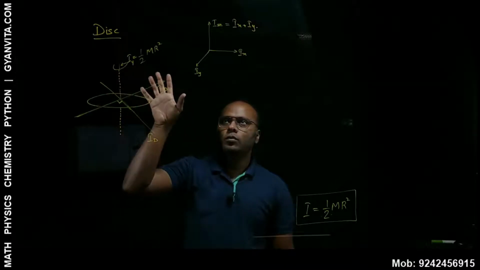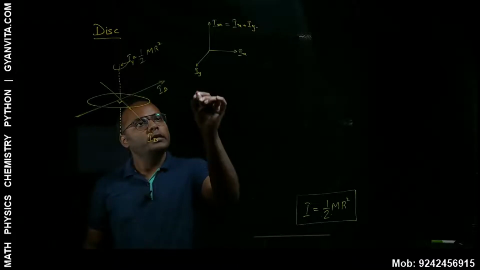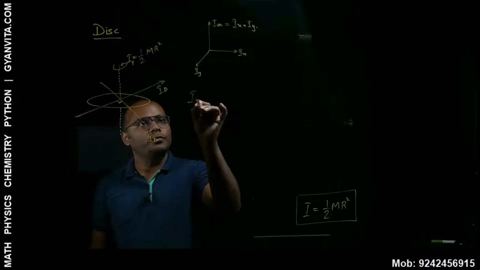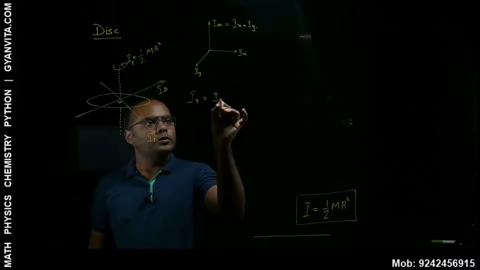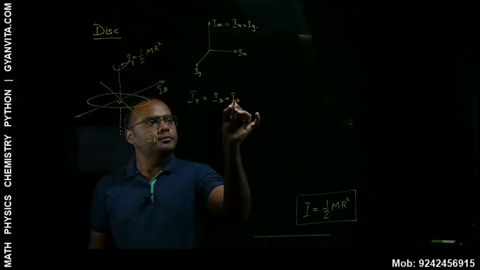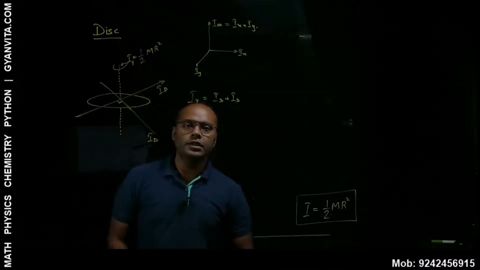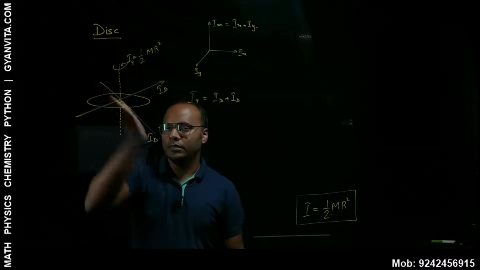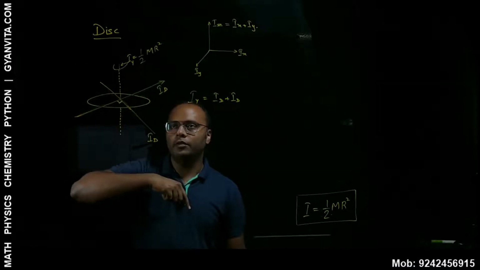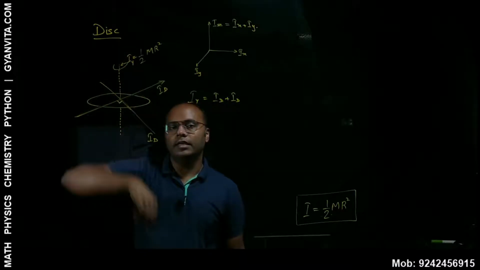So as per this theorem, Iy should be equal to Id plus Id, because these two axes are perpendicular to each other, and the third axis Iy is perpendicular to both.